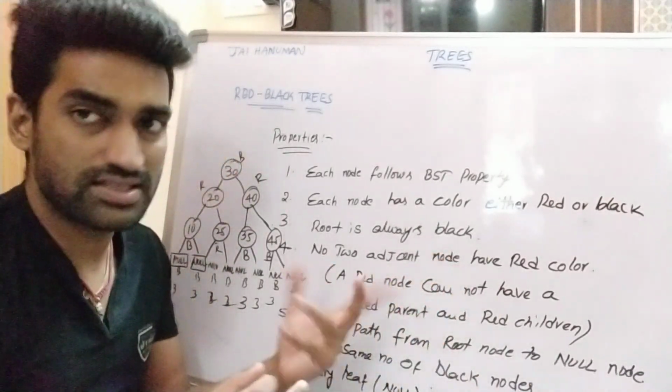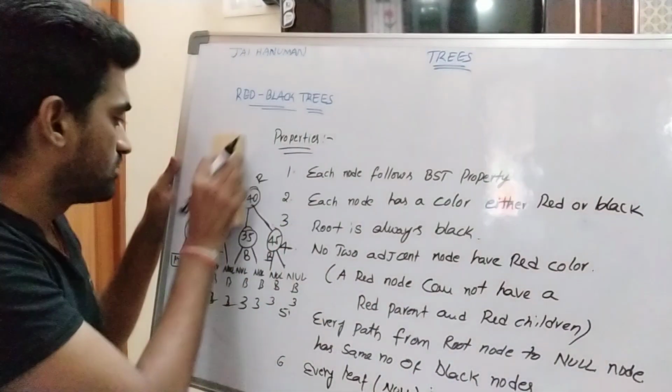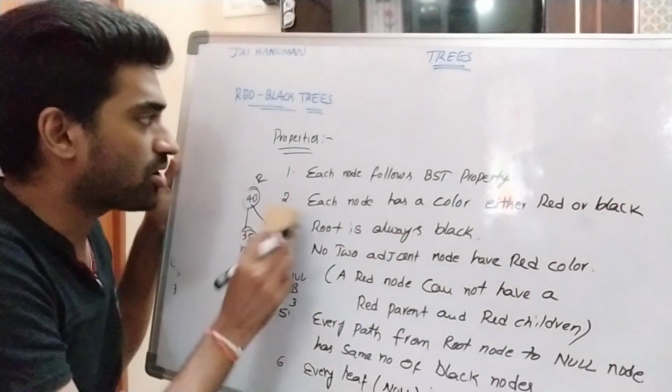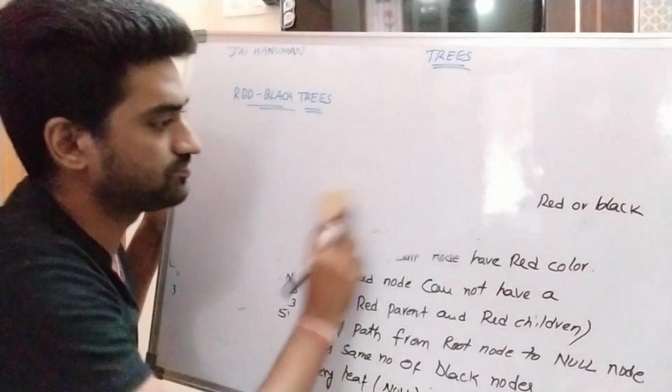Based on these properties, I am taking some examples to check whether they satisfy all the properties of red black trees or not.